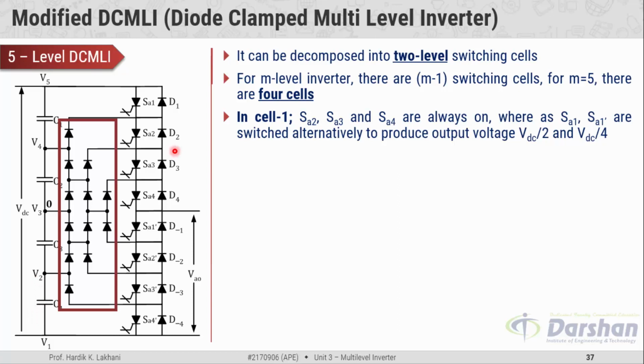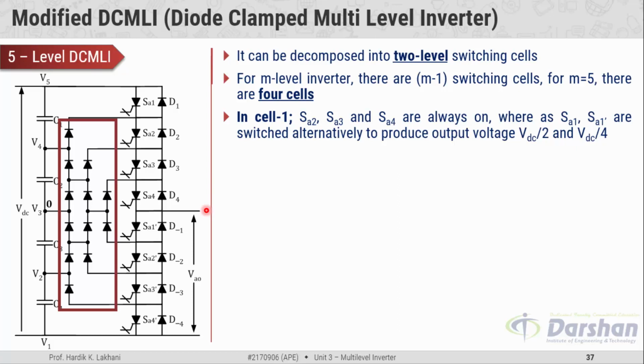So when SA1 is turned on, by keeping SA2, SA3, SA4 always on, this upper terminal of the output gets connected to node V5, so we can have VDC by 2 across the output terminal. And when SA1 dash is turned on, because this diode comes into the forward bias condition, this V4 node gets connected through this diode and SA2, SA3 and SA4 to the upper terminal of the output side.